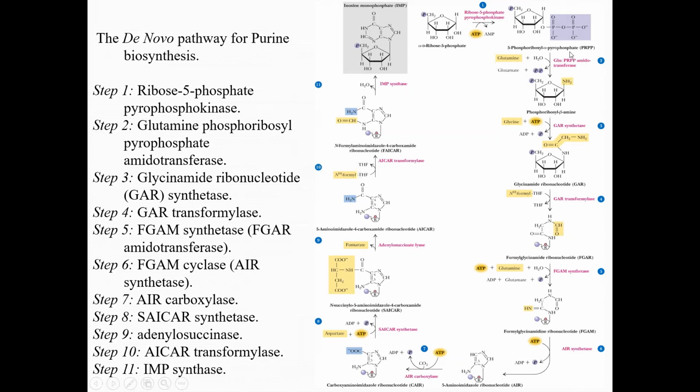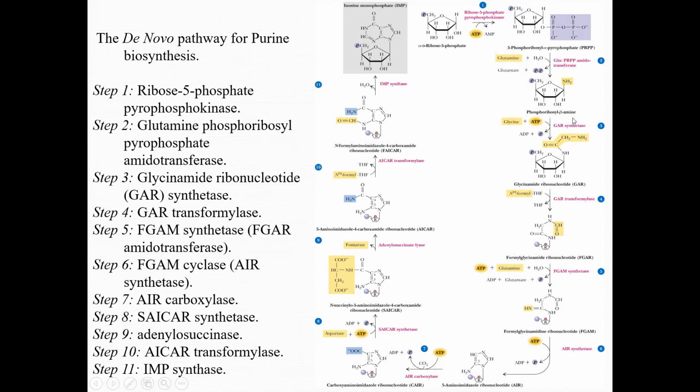Okay, this PRPP via second step under the influence of PRPP amidotransferase, a transferase enzyme which just transfers the amino group from glutamine to this PRPP, and this PRPP is now converted into phosphoribosyl beta amine.